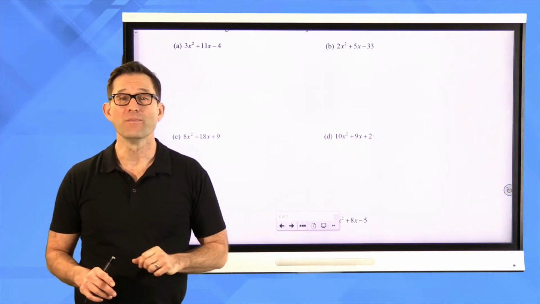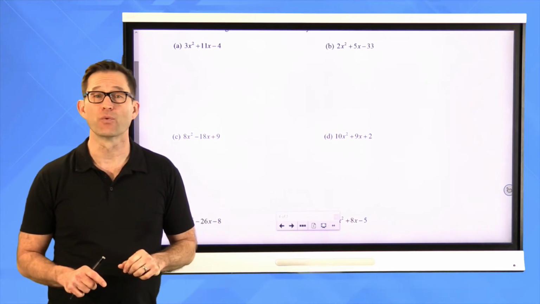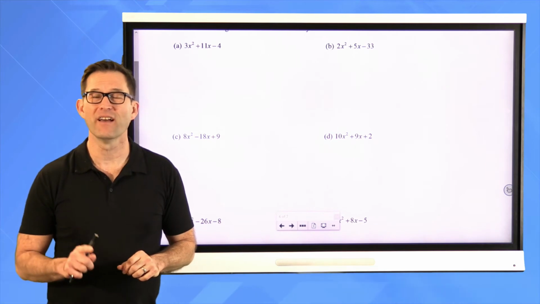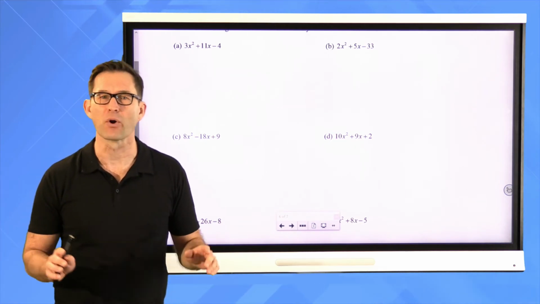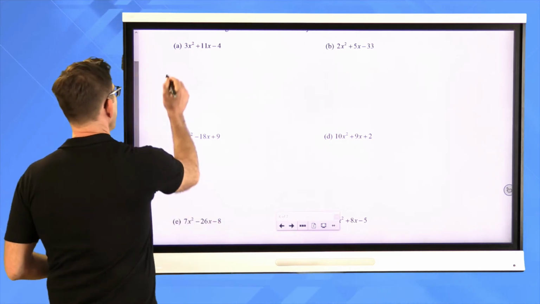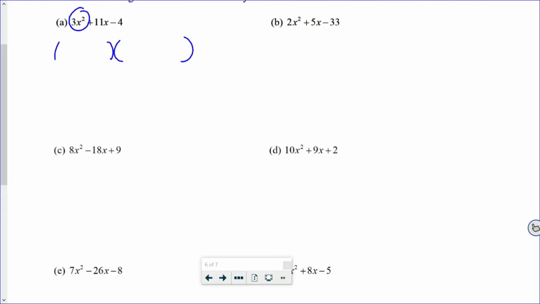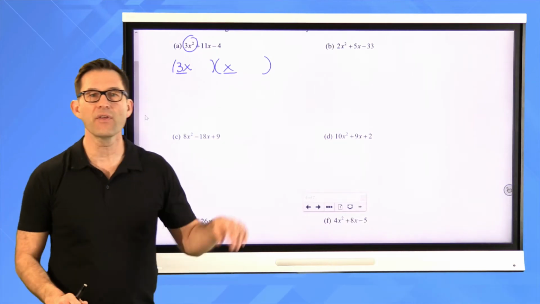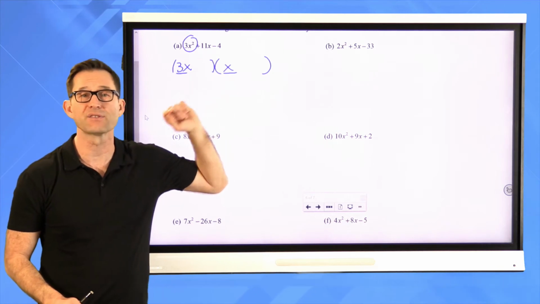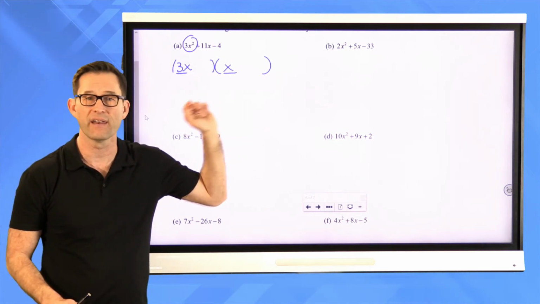So what I'm going to do is I want to write down something that is reasonable but incorrect and show you that it's incorrect. So remember, a reasonable guess on this will be ones where the first two things must have a product of 3x squared. Well, that's going to be actually pretty easy because it's got to be 3x and x.